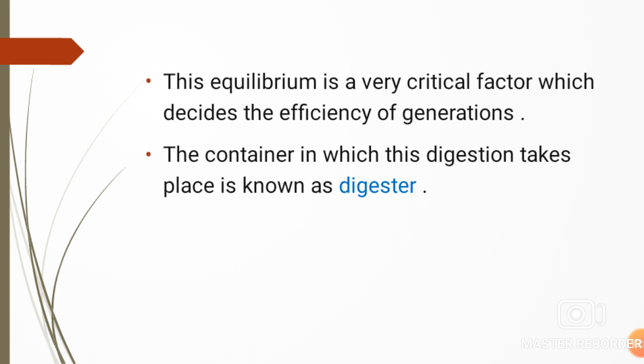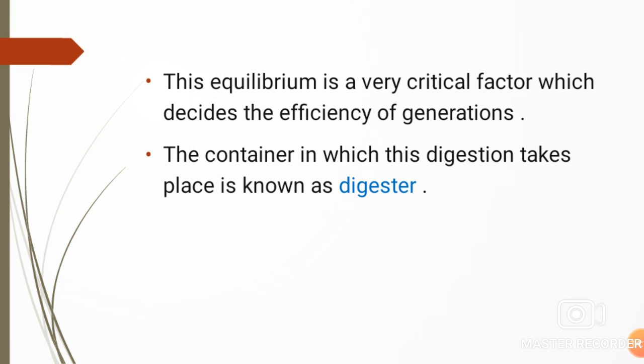That means how much organic acid is produced with the help of acid formers and how much of it gets converted into methane and carbon dioxide. This decides the efficiency of that particular biogas plant. So this is the critical factor in the biogas plant.